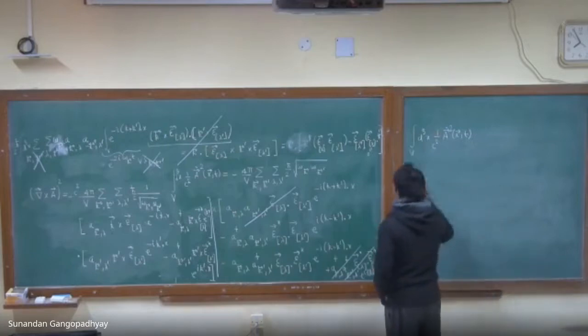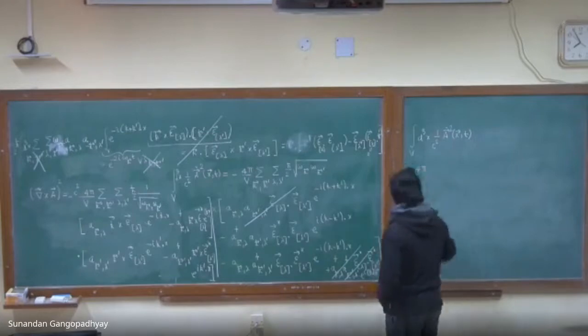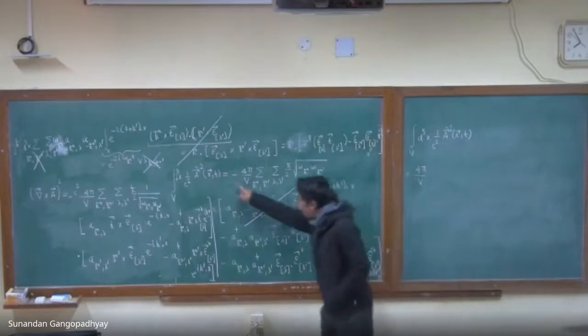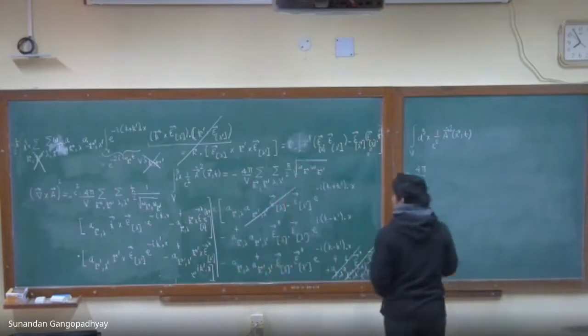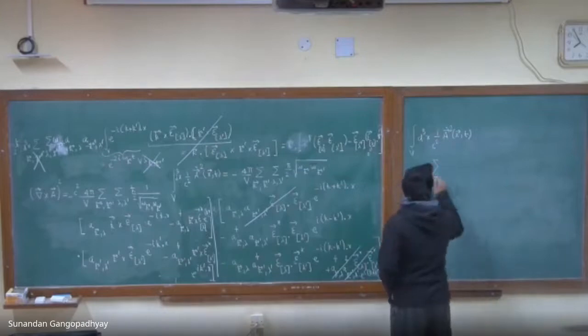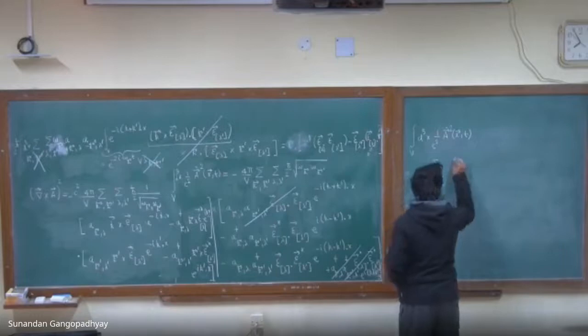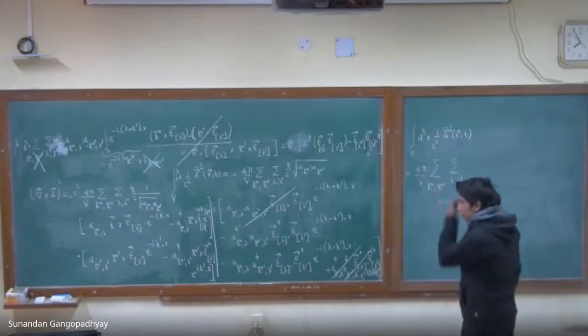So this is equal to 4 pi by volume V, with a minus sign. That minus and these two minus signs will get absorbed, so that will become a plus. So this is summation over k prime, summation over lambda prime.